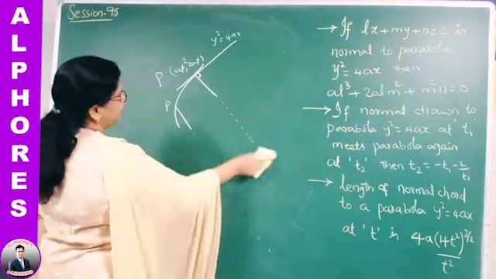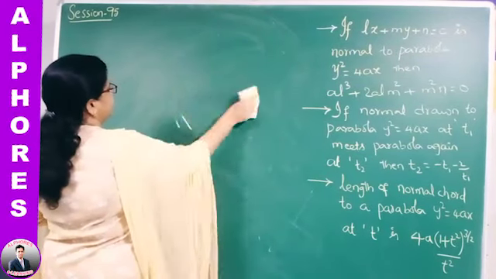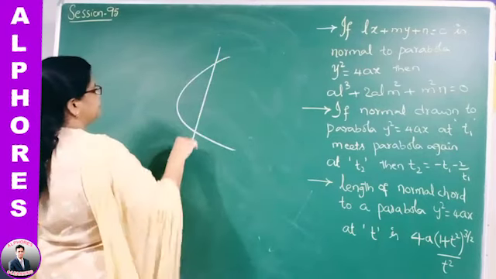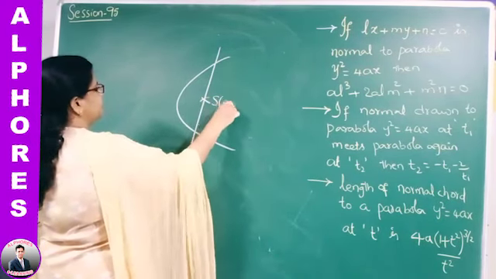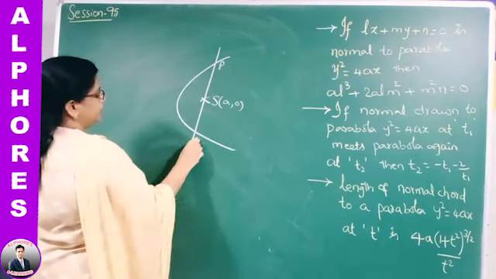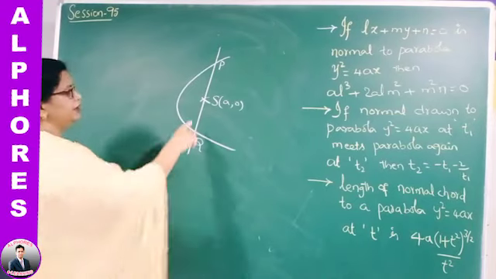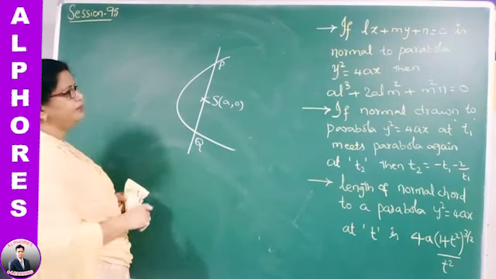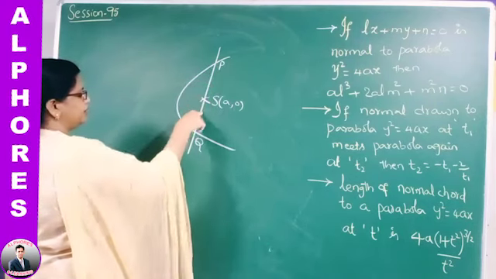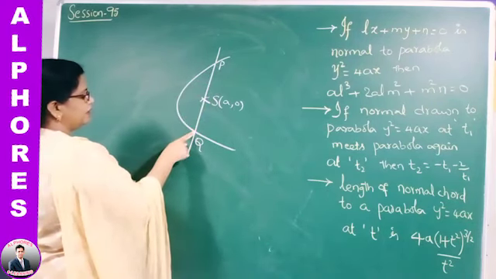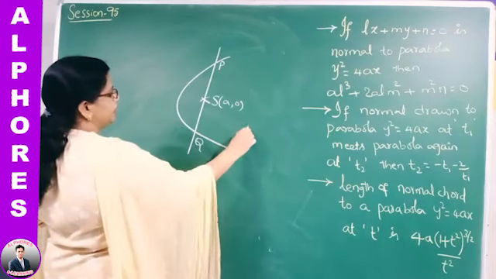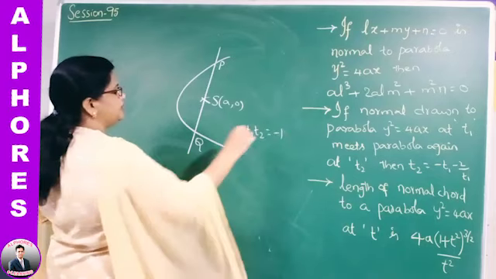If it is the focal chord concept, students, what happened? Whenever a chord passes through the focus, and I consider a point P and the other end of the chord Q, then PQ are the end points of a focal chord. That means the focal chord you have taken on this side, if I take the focal chord from Q, it is the same thing. It is not some other line, because the condition you got is t1 t2 is minus 1.